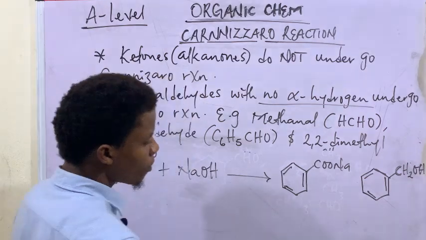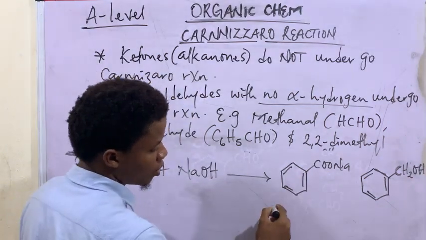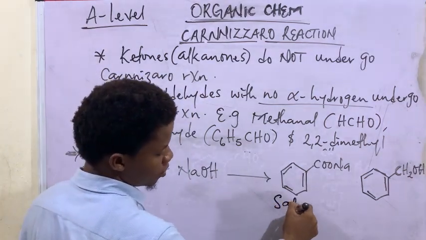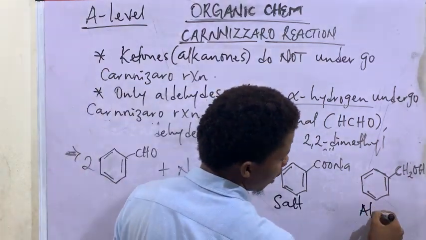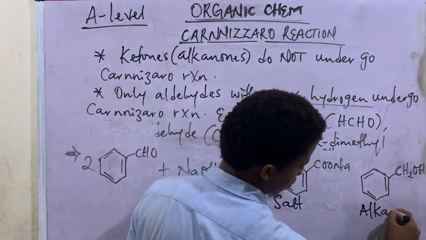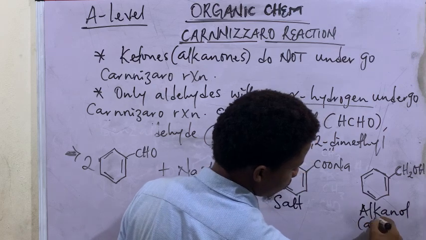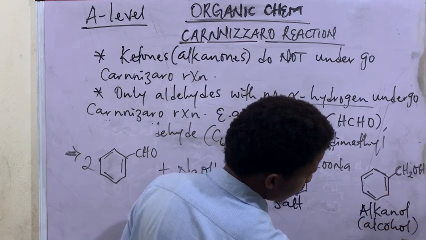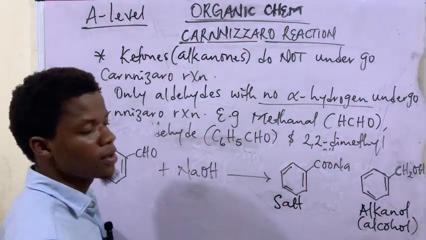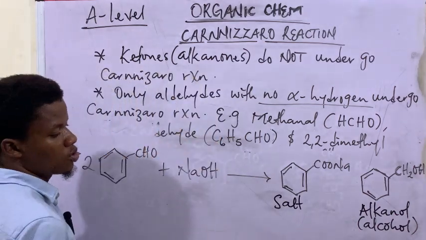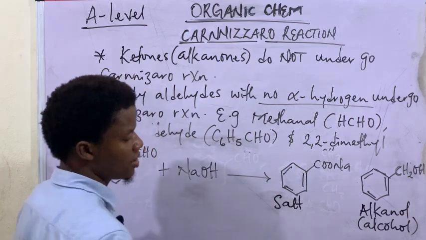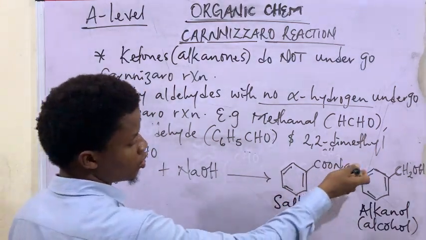So we are going to get a salt and then an alcohol, or alkanol. We are going to get the salt of the carboxylic acid.